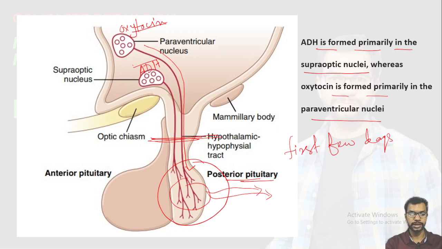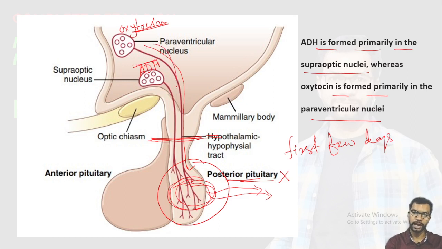After the first few days, when the stock of the hormones here ends up, then what will happen? It will not secrete hormone, but oxytocin and ADH continue to form in the hypothalamus.